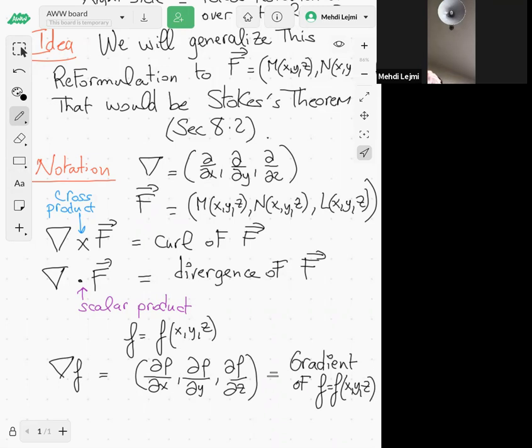But with vector fields, when you do the cross product with this nabla, that's called the curl of F, and when you do the scalar product, that will be the divergence of F. Anyway, this is just for your information, and I will come back later to this notion of divergence with the Gauss theorem. In the last 15 minutes, I'm going to start a new section.